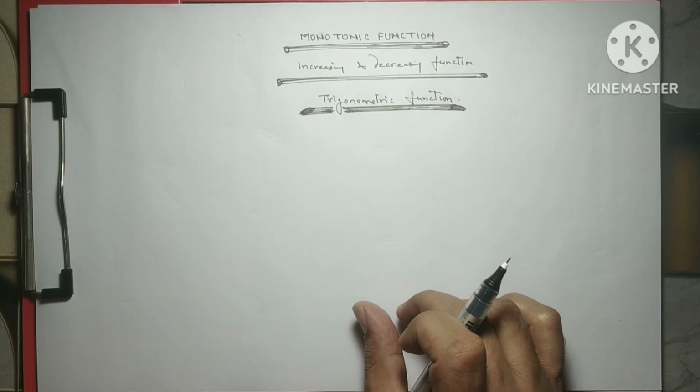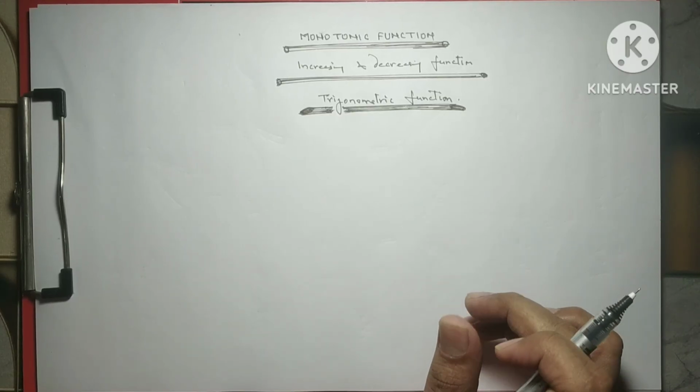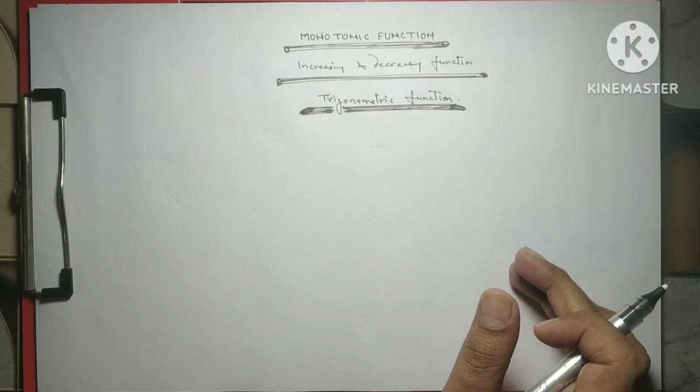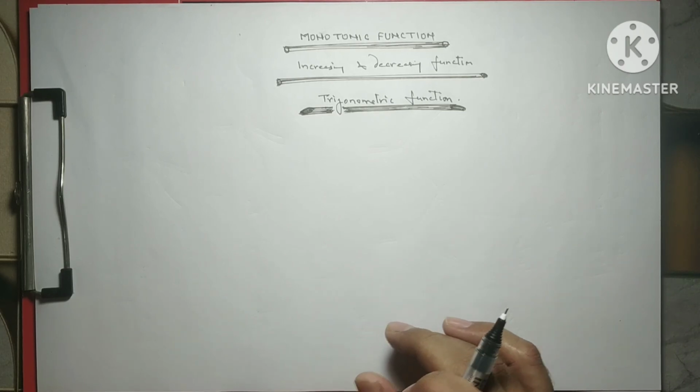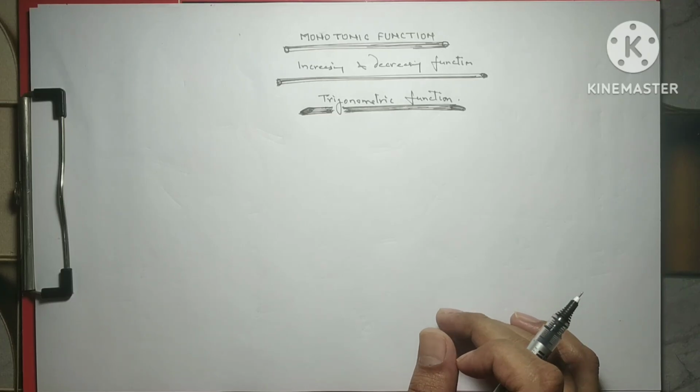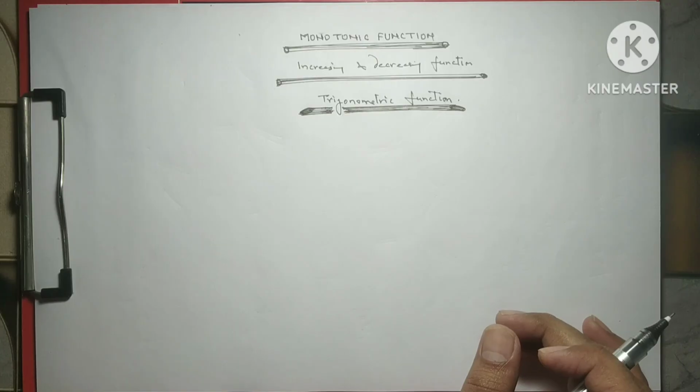We will pick the interval at which f dash x is greater than 0, that is the increasing function on that interval. The other subinterval at which f dash x is less than 0, or negative, will be the decreasing function.